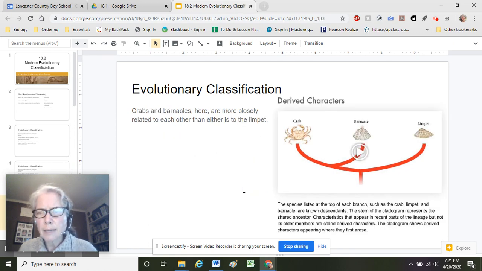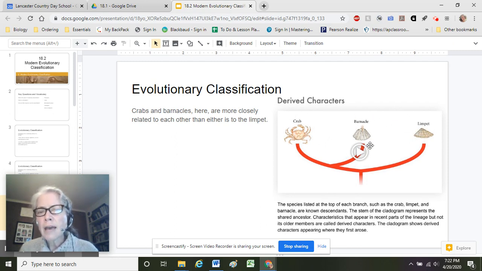So let's look at an example. This example is from last section, and it includes the crab, the barnacle, and the limpet. And I think I told you last time that the barnacle and the limpet used to be considered grouped together because they both have these conical shells. But when you look at them anatomically and in more detail, what we know is that these two organisms, the crab and the barnacle, share much more in common than either do with the limpet.